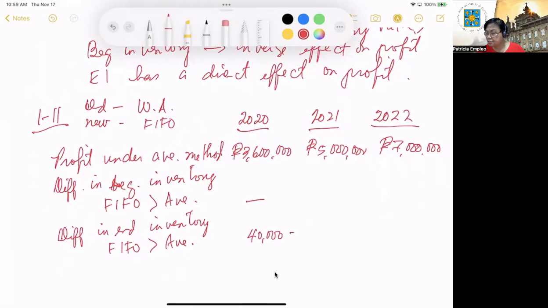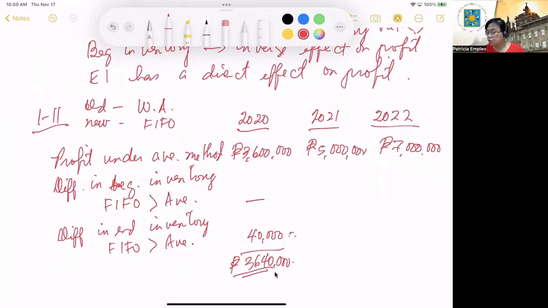The higher is the ending inventory, the higher is the profit. Therefore, this one must be added. So this is 3,640. Again, the higher is the ending inventory because it has direct effect on net income. The higher will be the profit. The higher will be the net income.